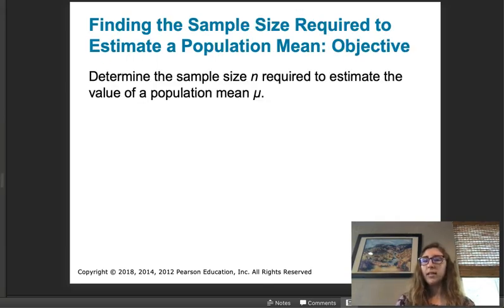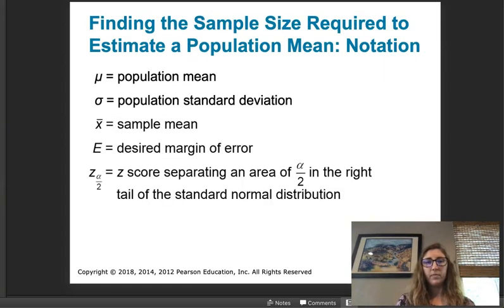So lastly here, we are going to talk about the sample size we need to be able to estimate our population mean mu. Interesting thing here, we are going to be using our z-scores, and we are also going to be using a population standard deviation.